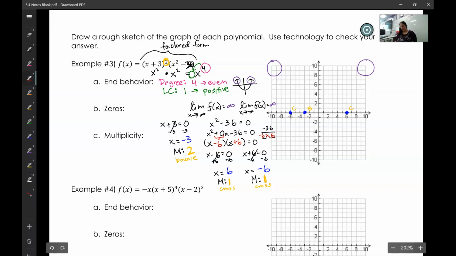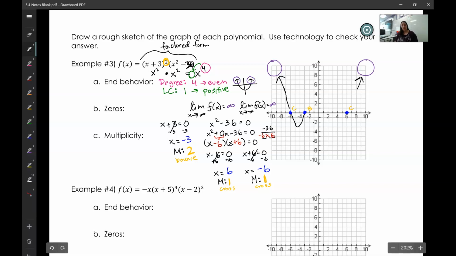And now I'm actually ready to graph my function. First off, my ends should point at my end behaviors, at my circles. Now I'm going to bring my graph up to my first intercept. I'm going to cross through that intercept because it's a C. Now I'm going to bring it up to the next one.